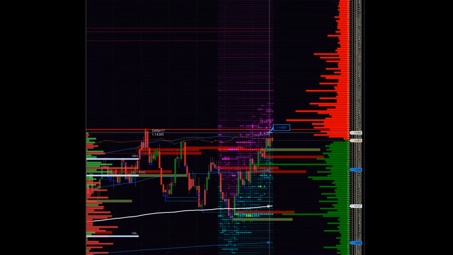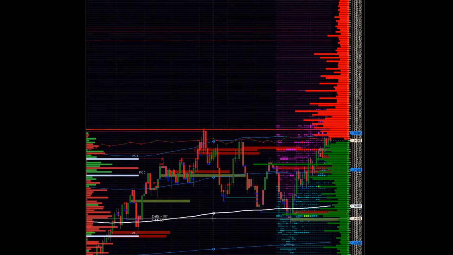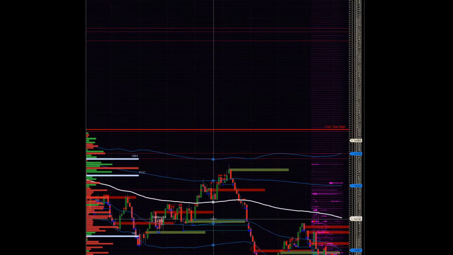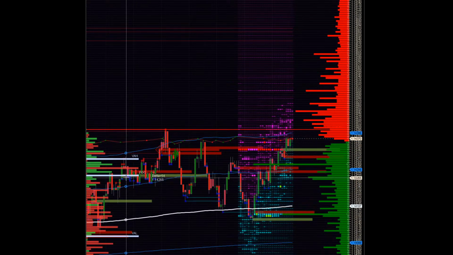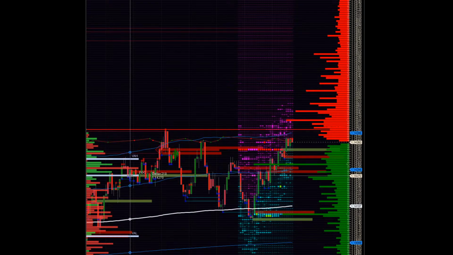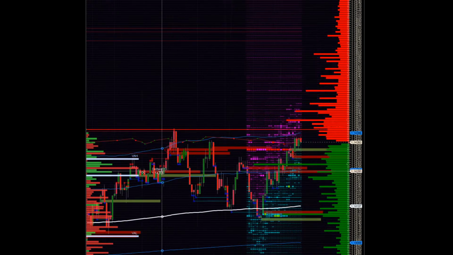we can see it's going up from this bottom right here. Check on the volume side what's going on. You can see the point of control is right here on this line, where my cursor is right now. This is the most traded price of today, which is 1.14270, and there's a lot of volume traded here.